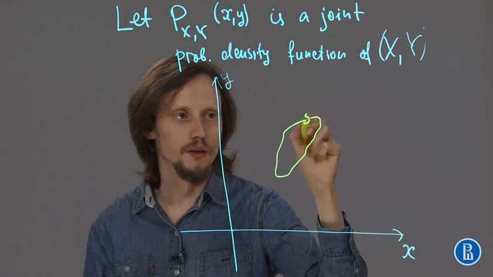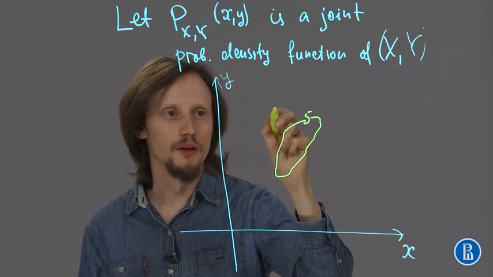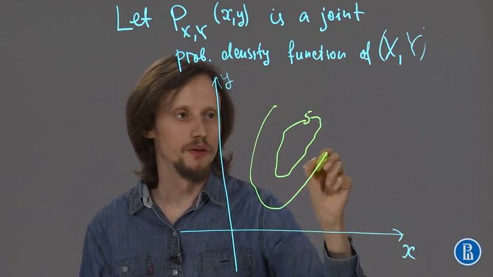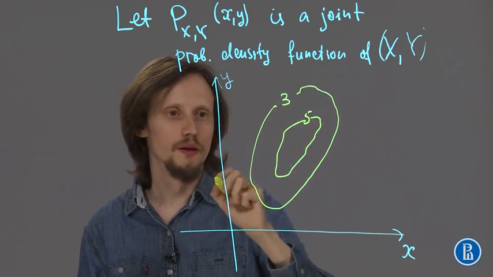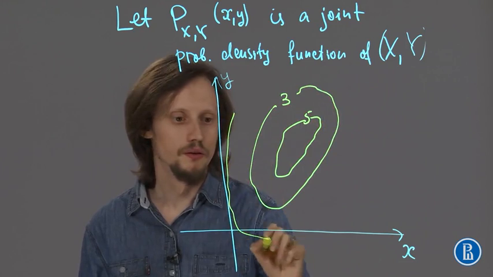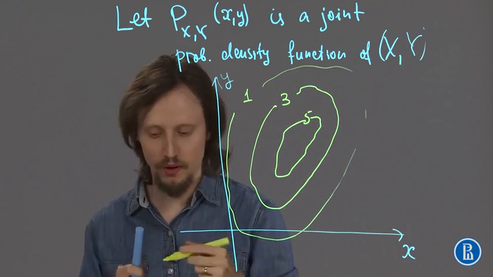So this is level 5, and here values are larger than 5, and for example here I have value 3, and here I have value 1.